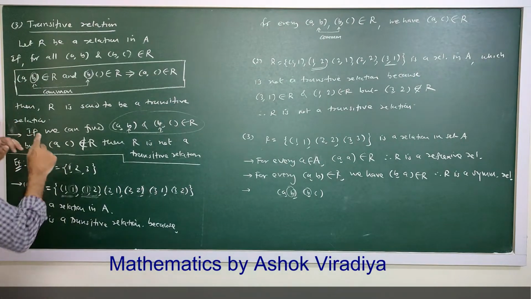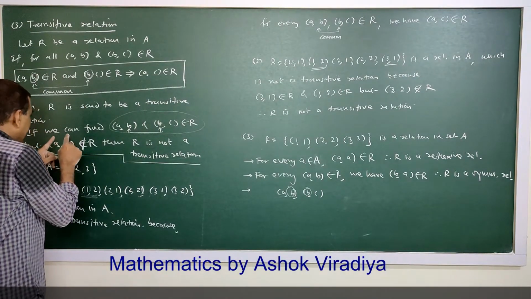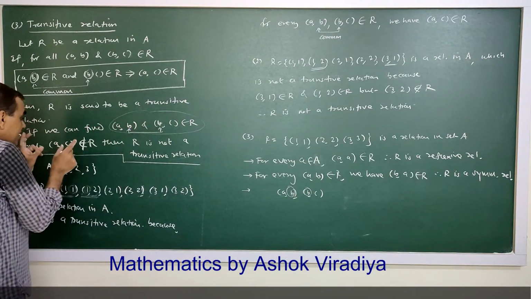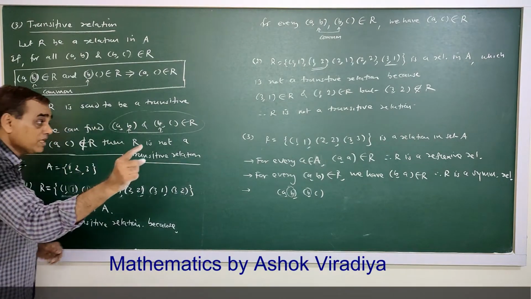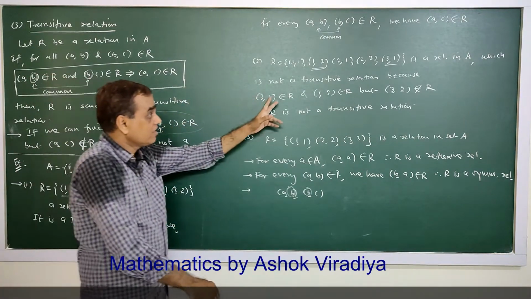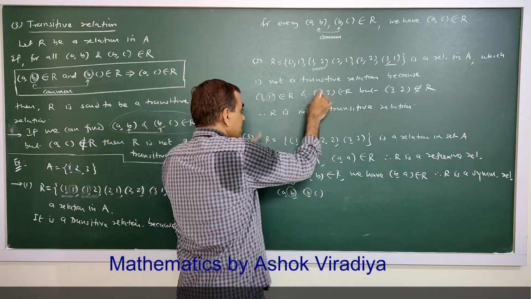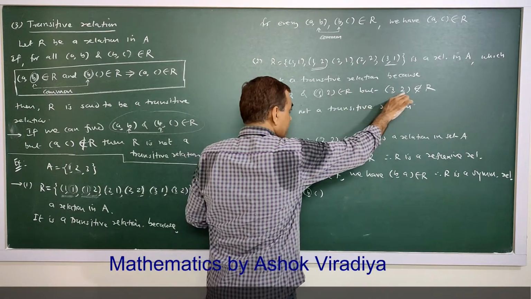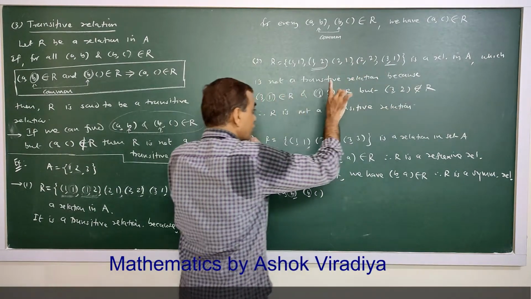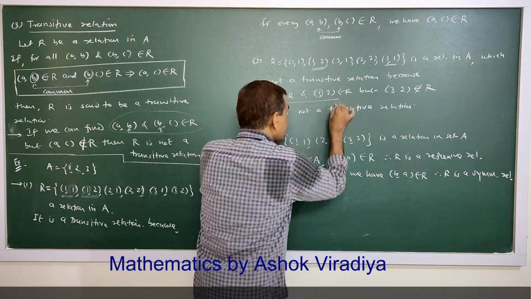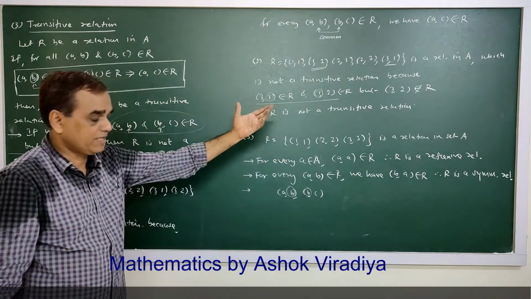If you find a common element and (a,c) does not belong to R, then it is said to be not transitive. See, look here. If you find a pair of elements in which b is in common but (3,2) does not belong to R, then it is not transitive. So this existence is a must to check this property.